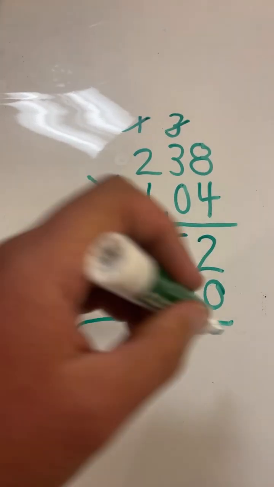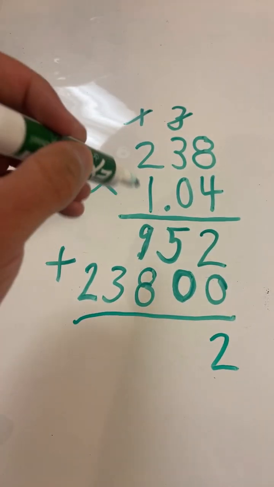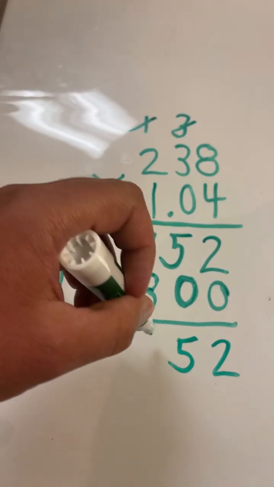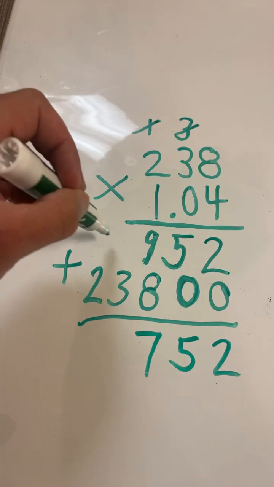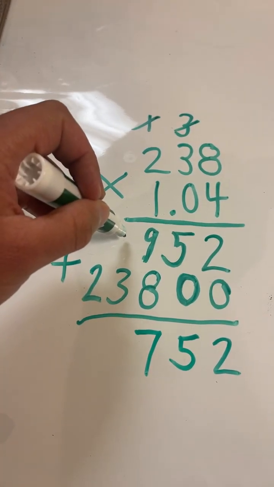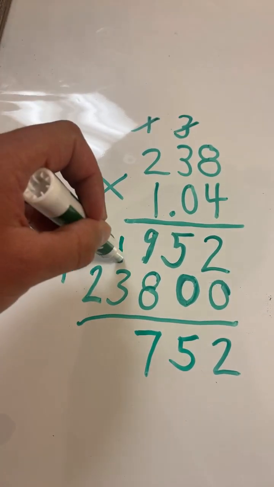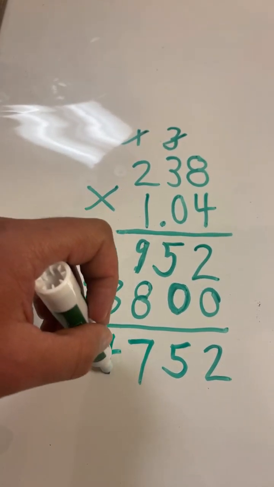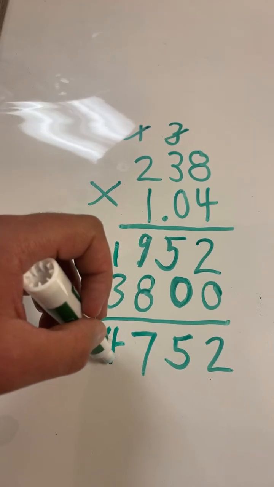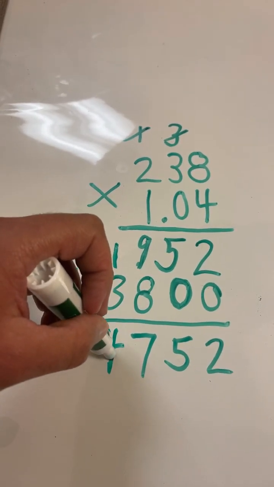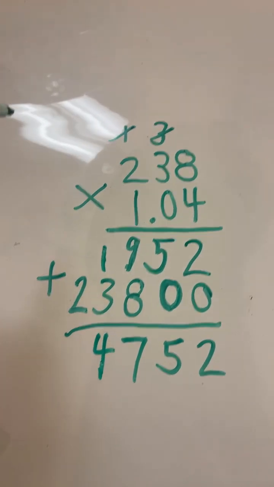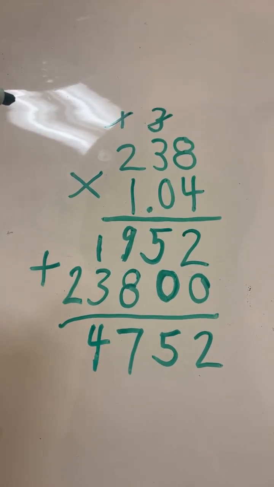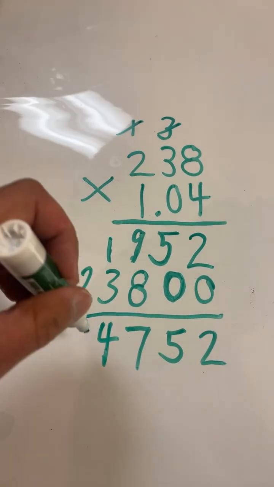Now we're going to add these up. 2 plus 0 equals 2. 5 plus 0 equals 5. 9 plus 8 equals 17. 7, carry the 1. 1 plus 3 equals 4. 0 plus 2 equals 2.